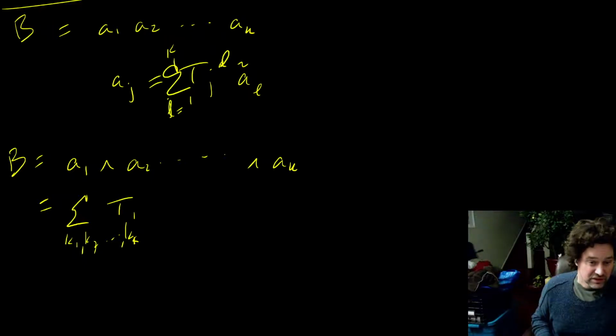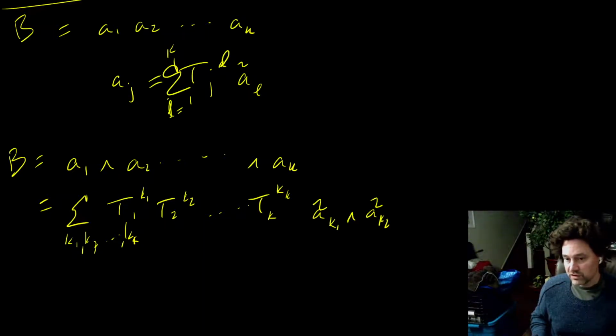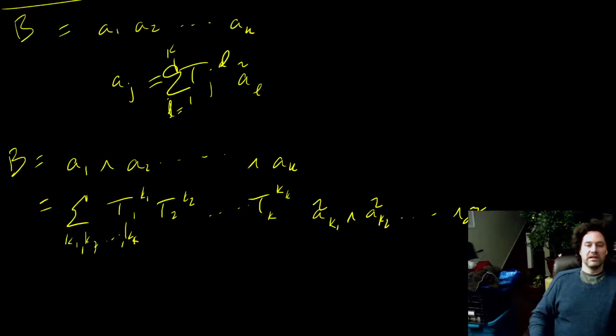So we have T1k1 T2k2 through Tkkk, times the wedge product of A-k1 tilde, A-k2 tilde, through A-kk tilde. And having done the two-blade problem, how to do this in the k-blade case is pretty clear.